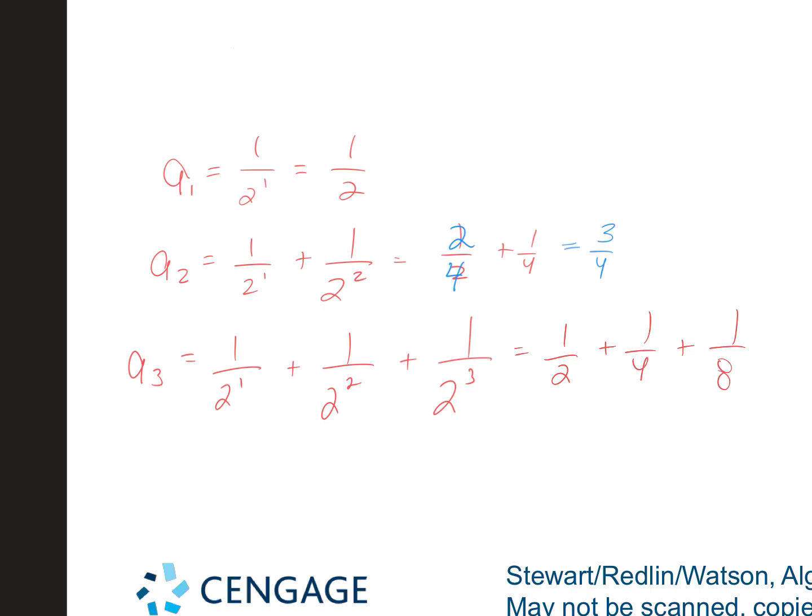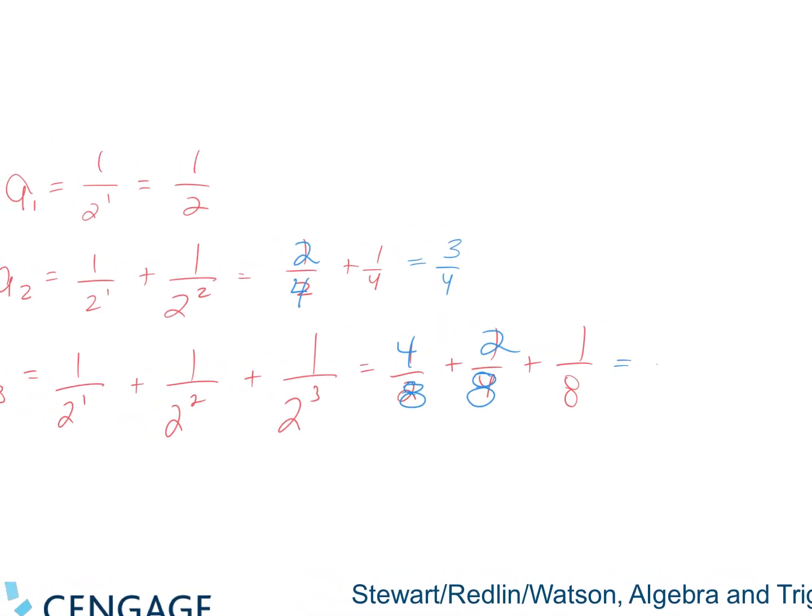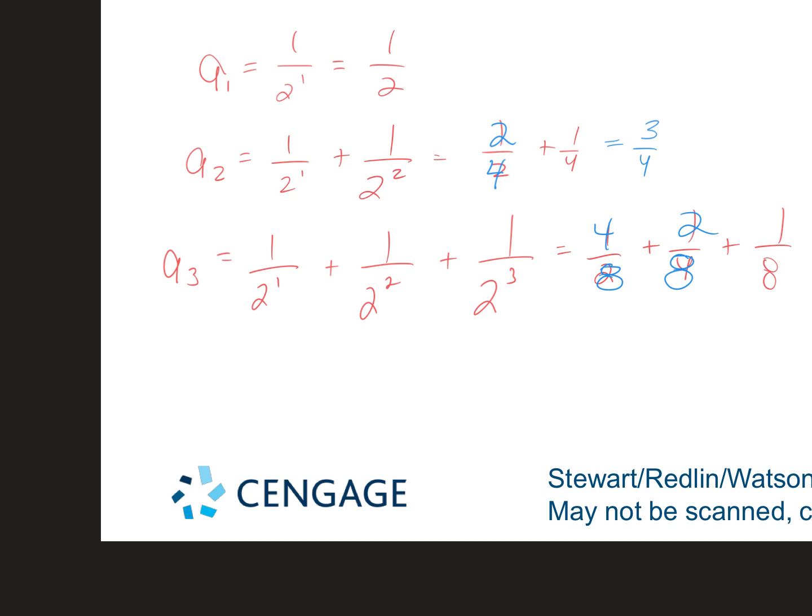If I change this to an 8, I had to multiply 2 times 4. So if I multiply the bottom by 4, I multiply the top by 4, correct? This becomes 4. And if I change this to an 8, I would have to multiply 4 by 2. If I multiply the bottom by 2, then I multiply the top by 2. So my denominator stays the same. And what is 4 plus 2 plus 1? 7.